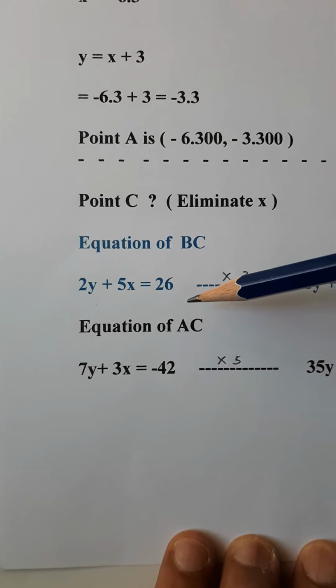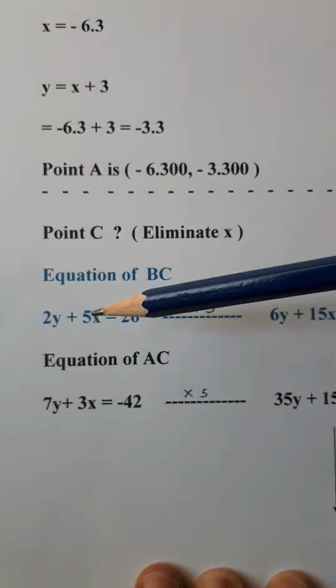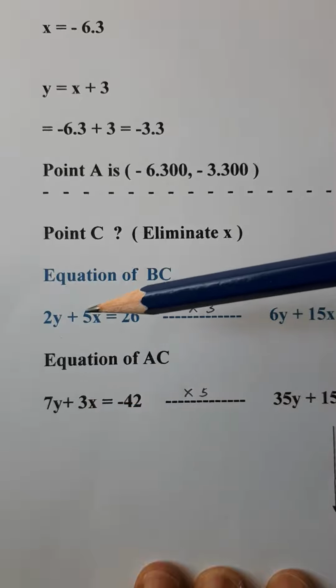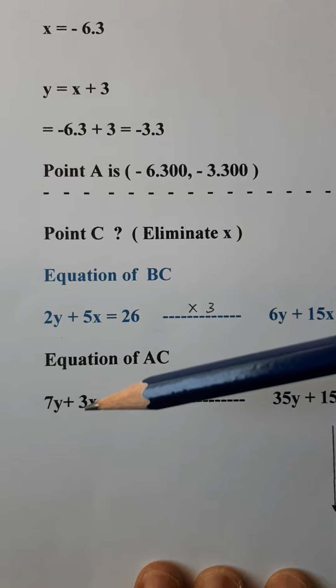I am going to eliminate x in this case. But here the coefficient is 5, here the coefficient is 3. So first of all, I multiply all the terms of this equation by 3.